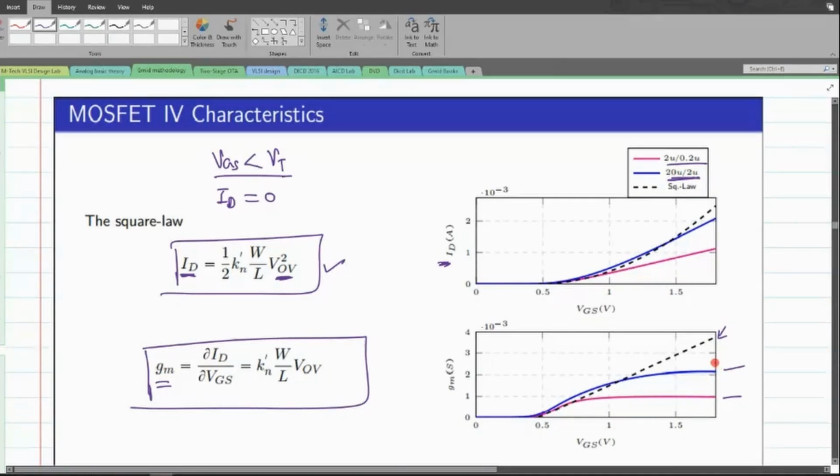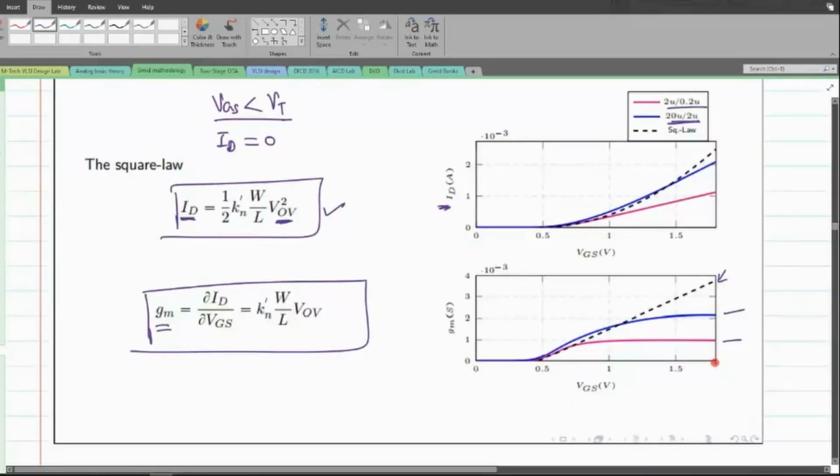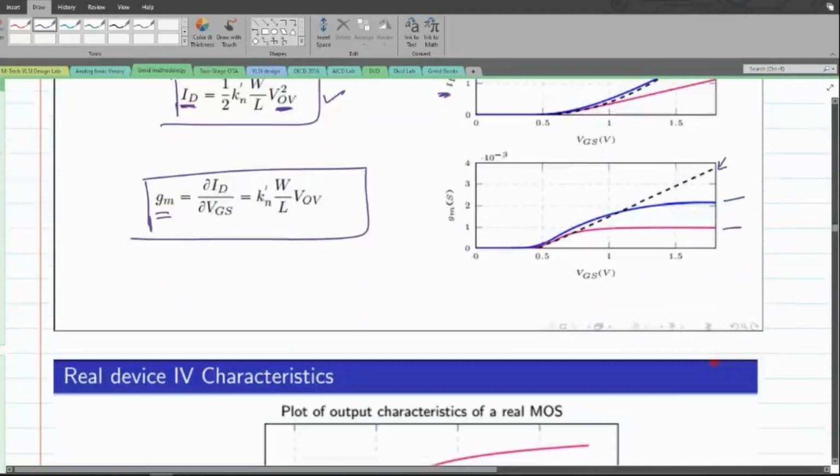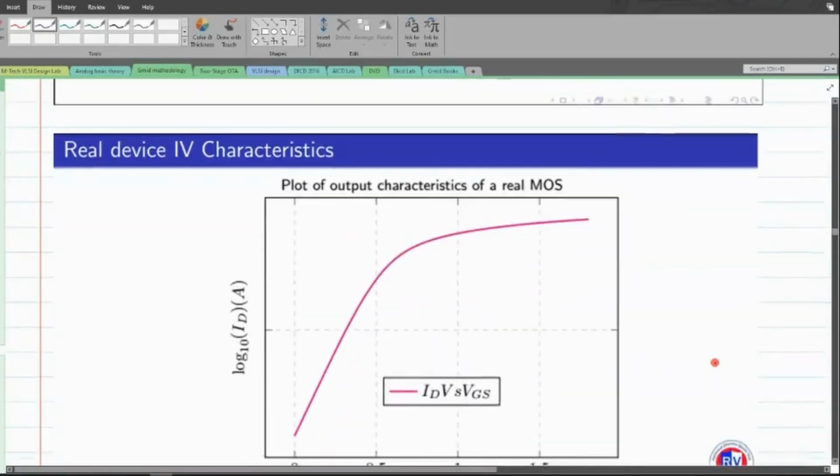So now why does there exist a significant deviation? That would be the question creeping in right now, right? To answer this question, we have to look at some of the second order effects which cause this significant deviation from what has been predicted through the square law.